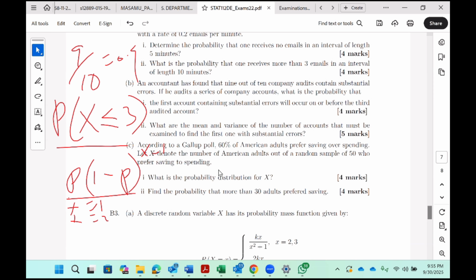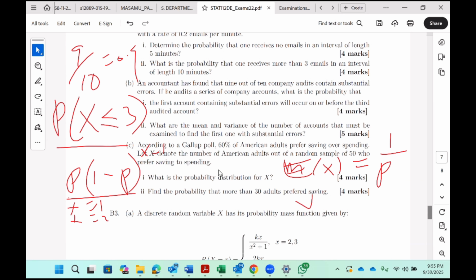So the expected value of x equals 1 over p, and p is 0.9, so you find the reciprocal of that, which is 10 over 9.